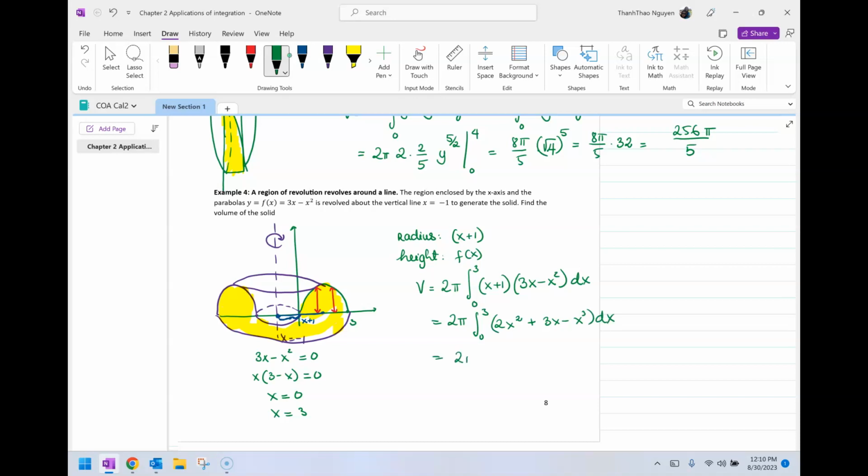So then we have, evaluated from 0 to 3, and this equals 45 pi over 2.